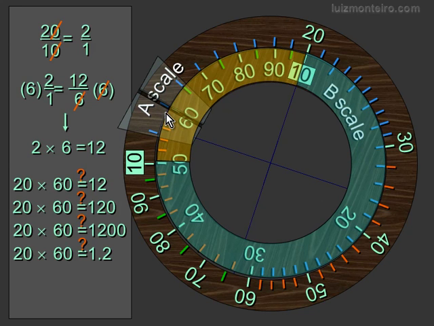Now we have to figure out what the decimal point is going to be. 20 times 60 equals 12. That doesn't make sense. 20 times 60 equals 120. That can't be because 2 times 60 equals 120. 20 times 60 equals 1,200. Well, that's probably the answer. And 1.2 is not the answer. So we have here 1,200. And we had to use common sense to determine that.